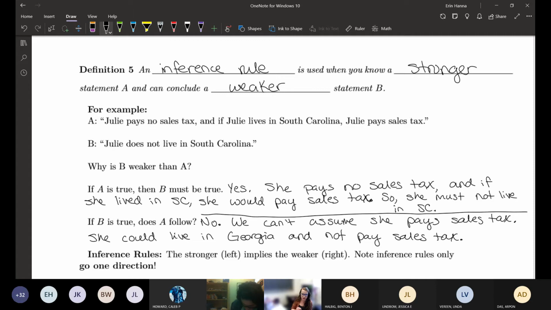Or she could live in New Jersey and pay sales tax. Just because we know she doesn't live in South Carolina doesn't tell us whether or not she pays sales tax. She could not pay sales tax but live in Georgia. She could live in Jersey and pay sales tax. So we can't imply A if we just know B. Does that make sense?